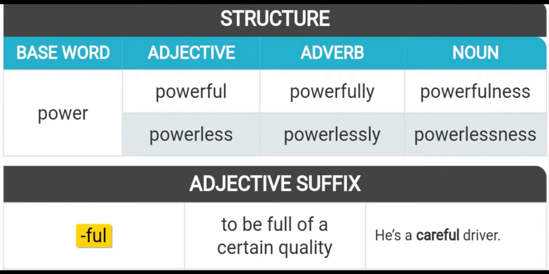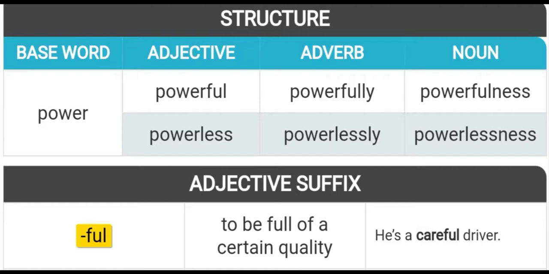Dear friends and students, today I have brought you spelling rules and the suffixes which are mostly used in every word. Usually we get confused whether the word is in adjective form, adverb, or noun when we add any of the suffixes to the base of the word.